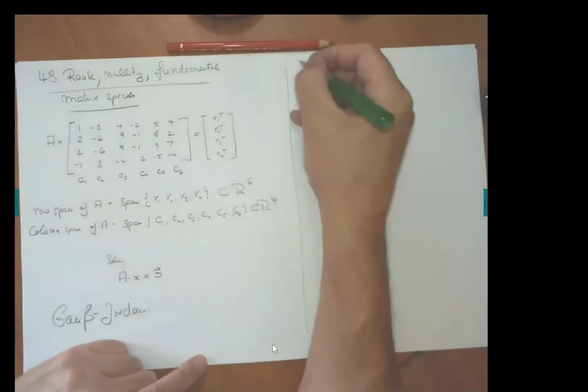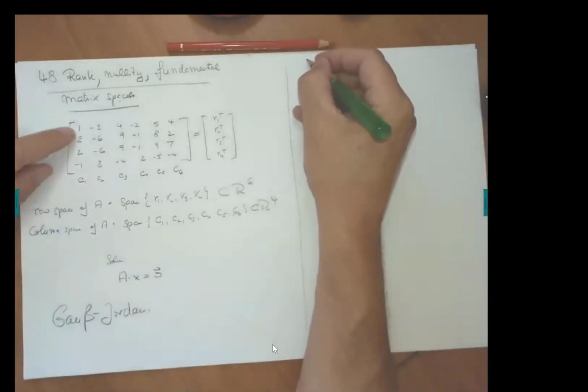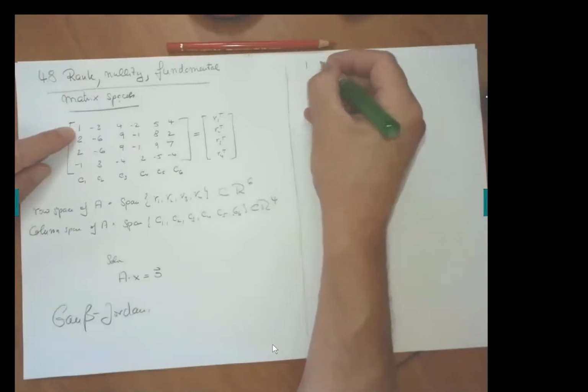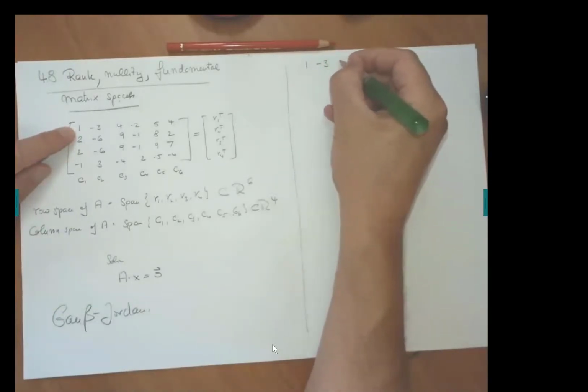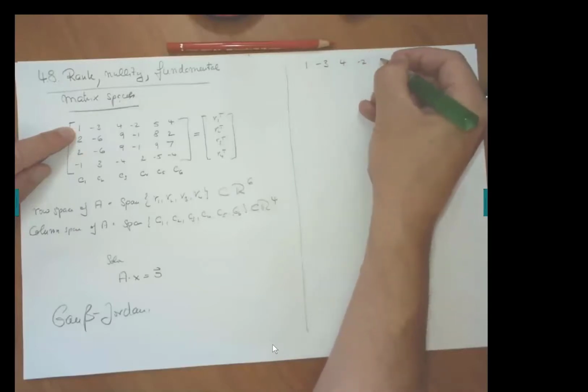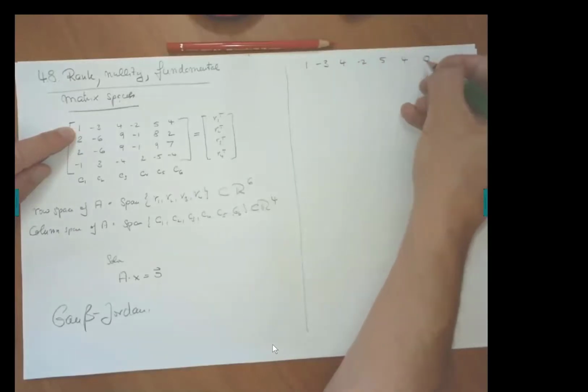So we write, I make sure that I don't copy anything wrong. That's always deadly. 1, -3, 4, -2, 5, 4. And artificially I add a 0.